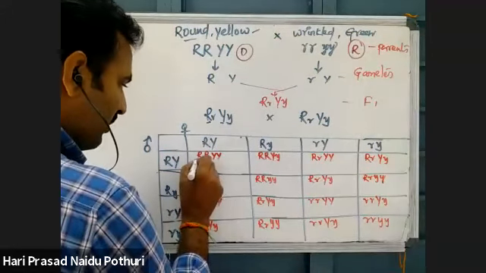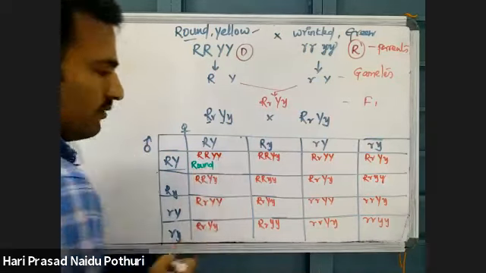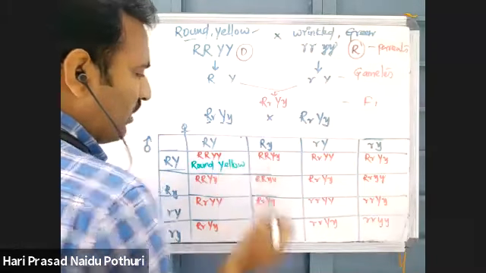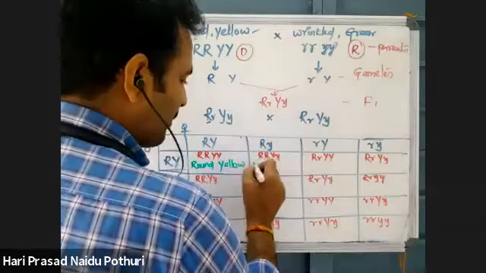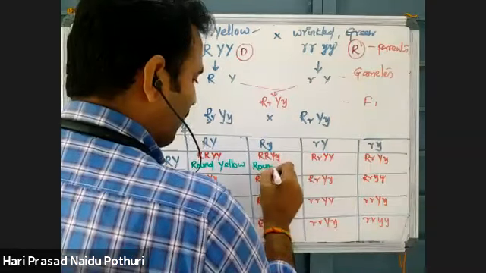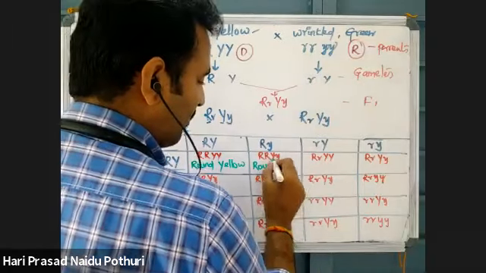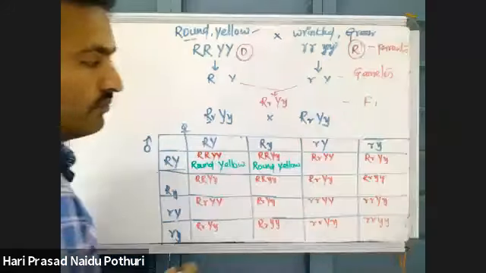See here, dominant. So, round. This is also one dominant allele is there. So, it is round yellow. This one, dominant. Yellow seed color. One dominant allele is there. So, it is also showing round yellow.